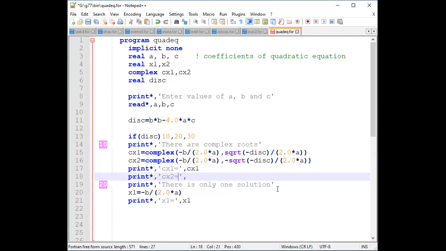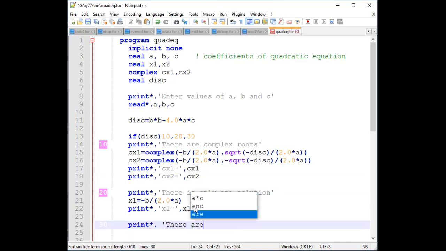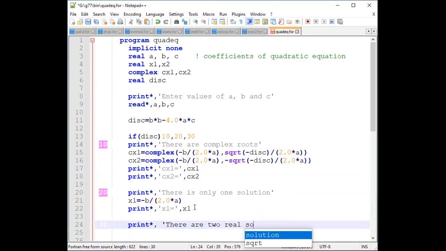Know that this will be printed as such, and then cx2, right? The third block, 30, right? First message, print. There are two real solutions.